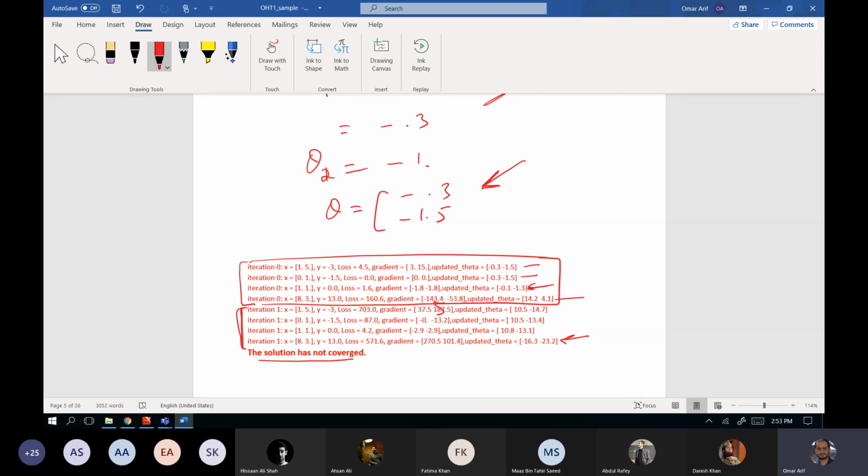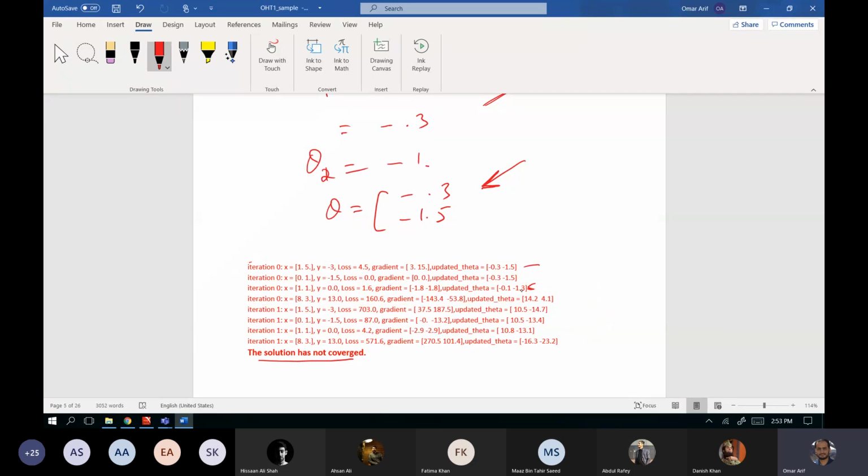But in the exam I will tell you to do one iteration or two iterations, because in the exam it is difficult to go till convergence. So please do the remaining iterations yourself by hand and see whether your answer matches the answer given here. If you do not understand, discuss with me again, but you have to do that yourself.